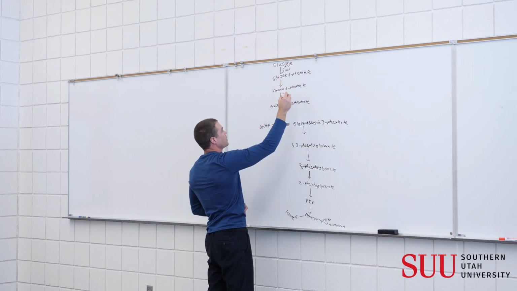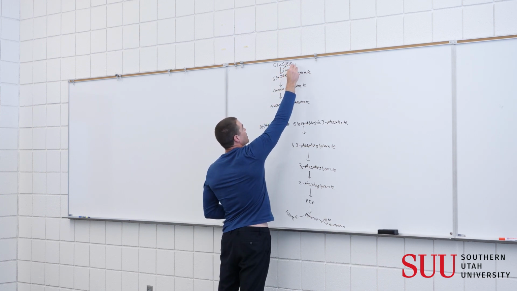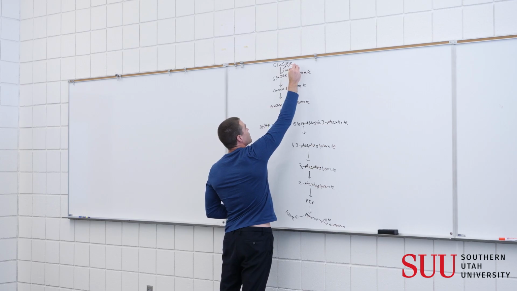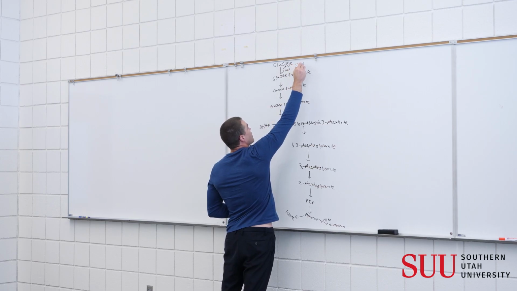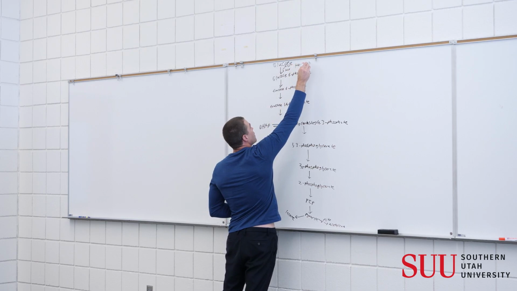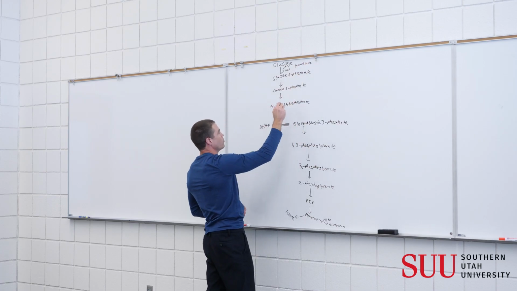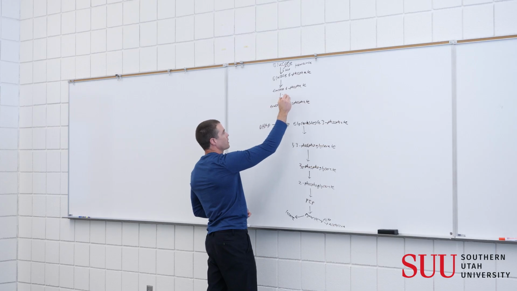And this will be the enzyme here, hexokinase. And now we have fructose 6-phosphate, fructose 1,6-bisphosphate. This will be another ATP, so we'll make ADP here.